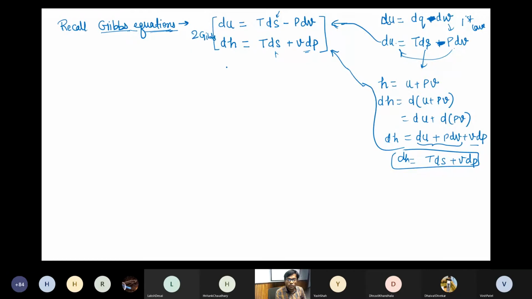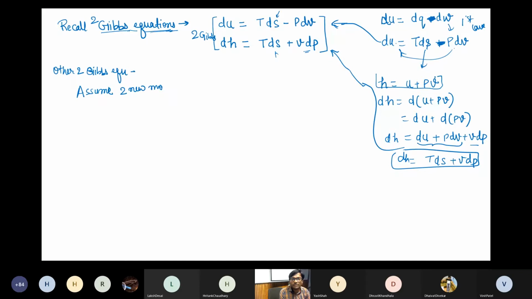We need to write two more, and let's see how. In order to write the other two Gibbs equations, we assume two new modified variables, like enthalpy.